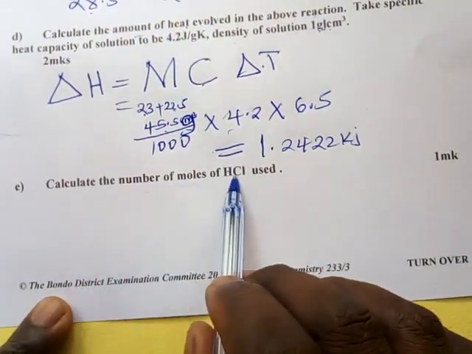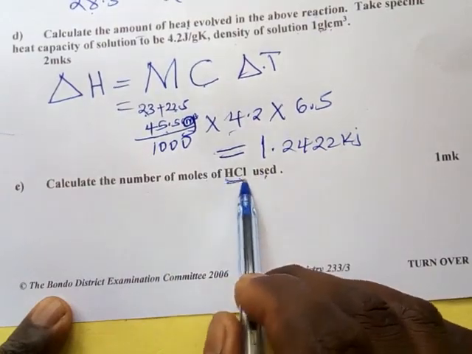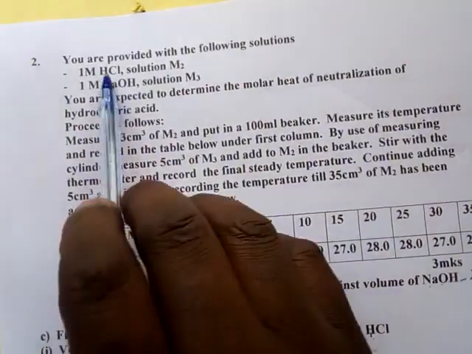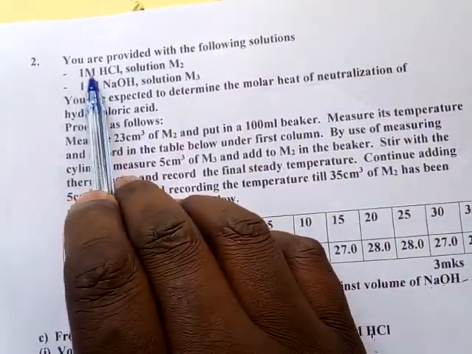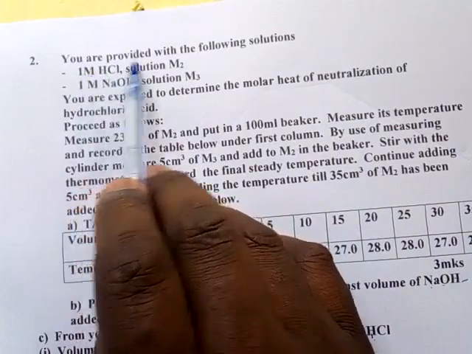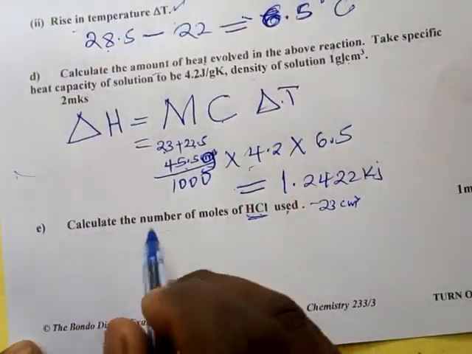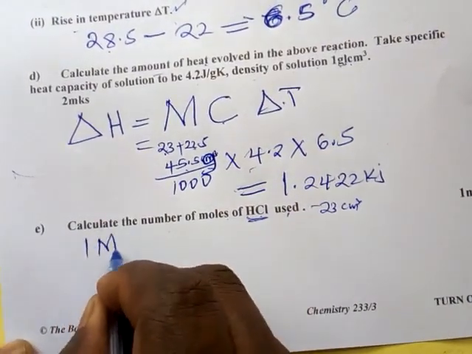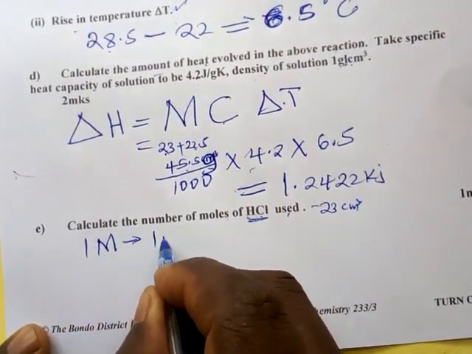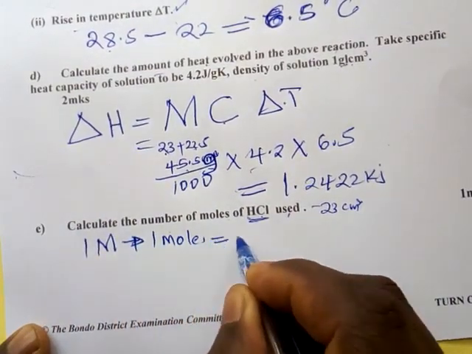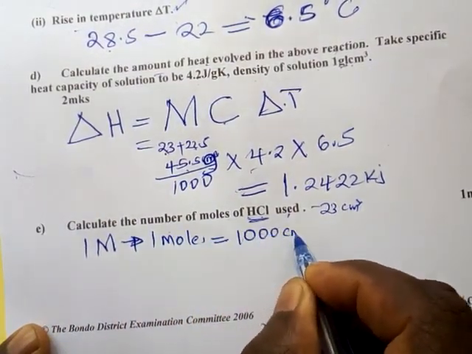Calculate the number of moles of HCl used. The HCl, we know the volume is 23 centimeters cube that was used, and we know the molarity of HCl is 1. 1 molar means that the number of moles in 1 liter is 1. So 1 mole is equal to 1,000 centimeters cube.